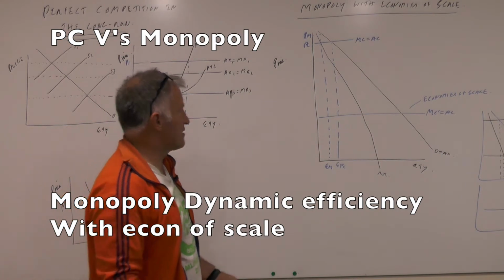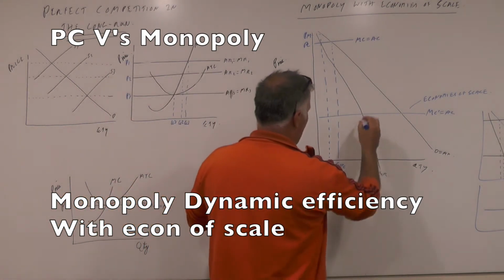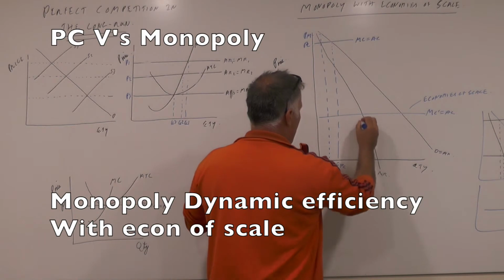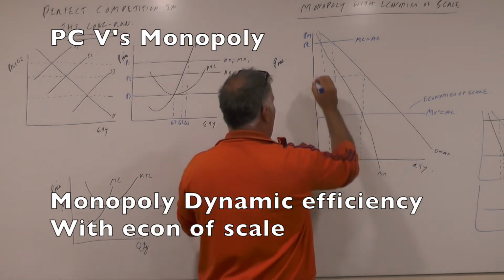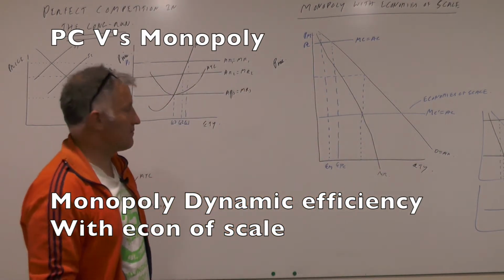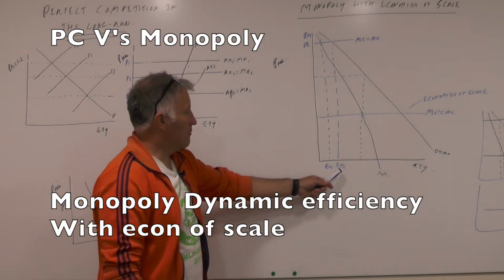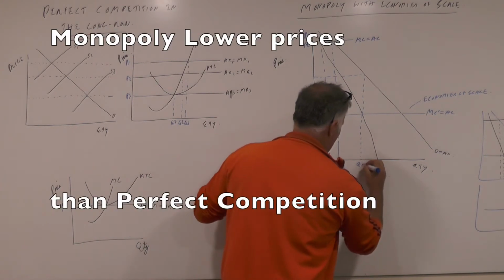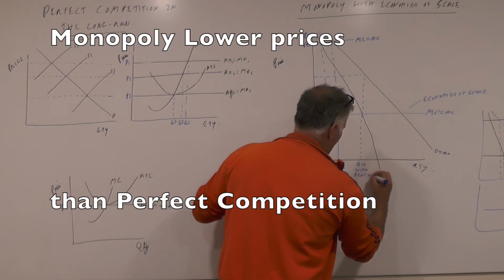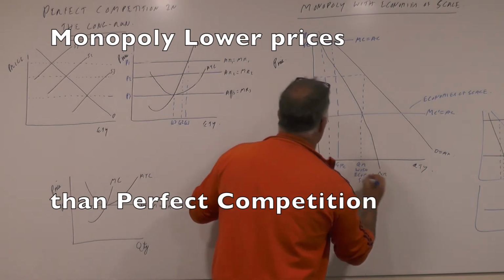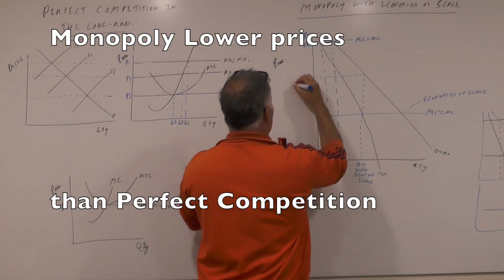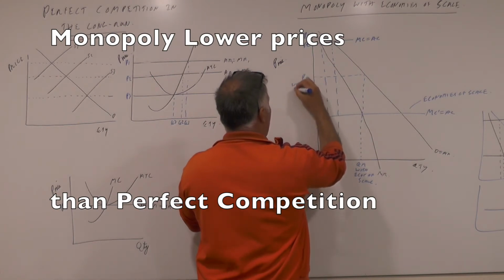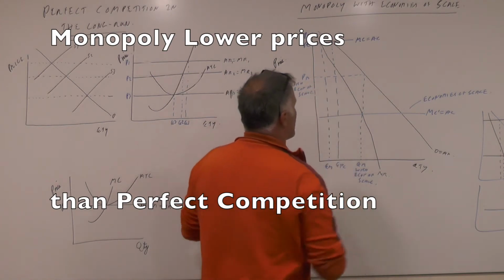So what happens then is, when we draw the price on there, okay, goes like that. So this is monopoly, perfect competition, and now this is monopoly with economies of scale, and this is price monopoly with economies of scale. Which one is better for the consumer?